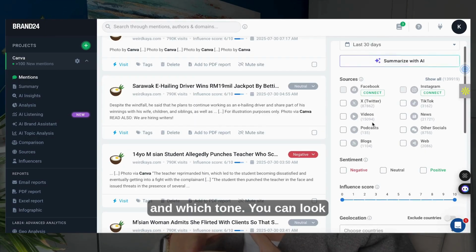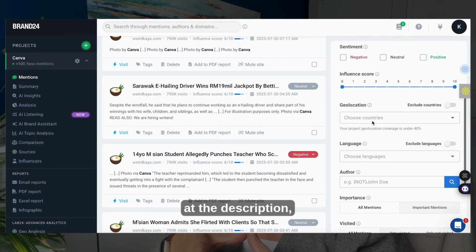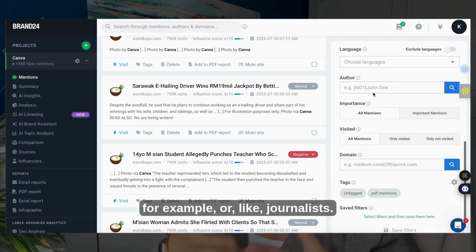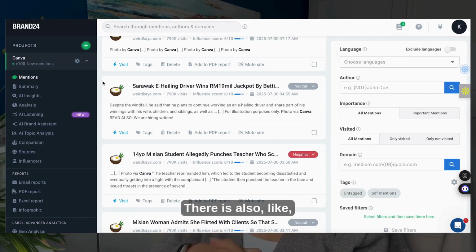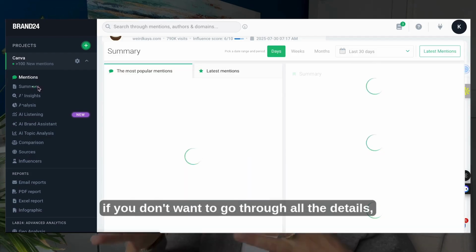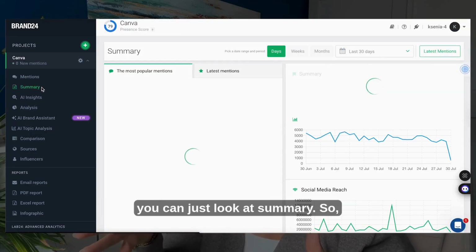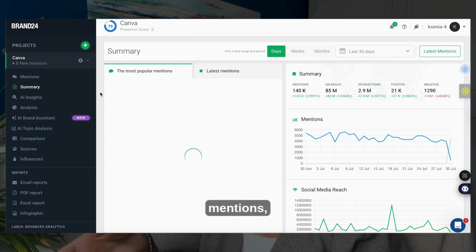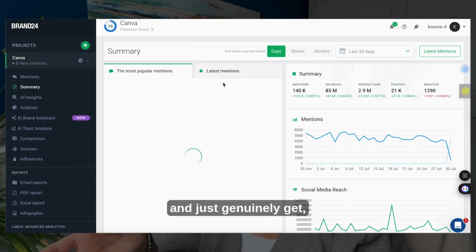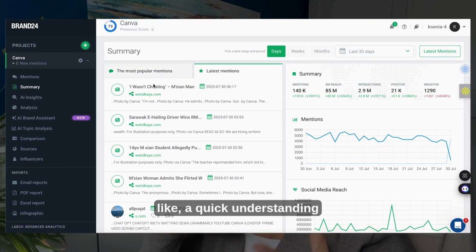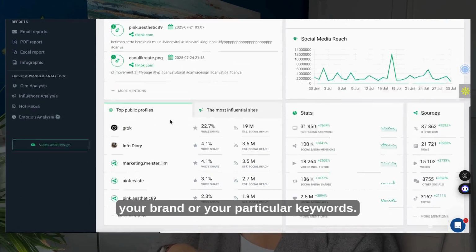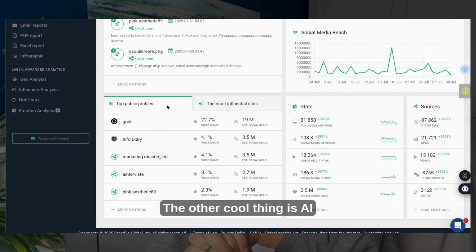You can look at geolocation, language, or specific authors, for example journalists. If you don't want to go through all the details, you can just look at the summary. You can look at most popular mentions versus latest mentions, and just get a quick understanding of where people are talking about your brand or your particular keywords.